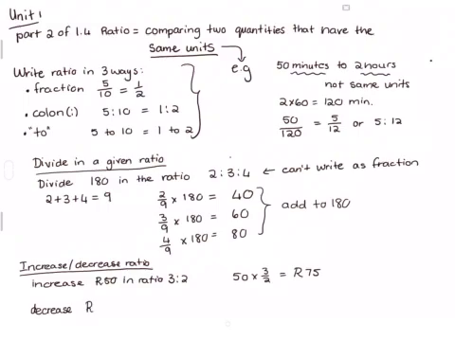Decrease, again 50 rand, in, let's say, the ratio 3:4. So if you do 50 times 3/4, can you see the numerator is smaller than the denominator?